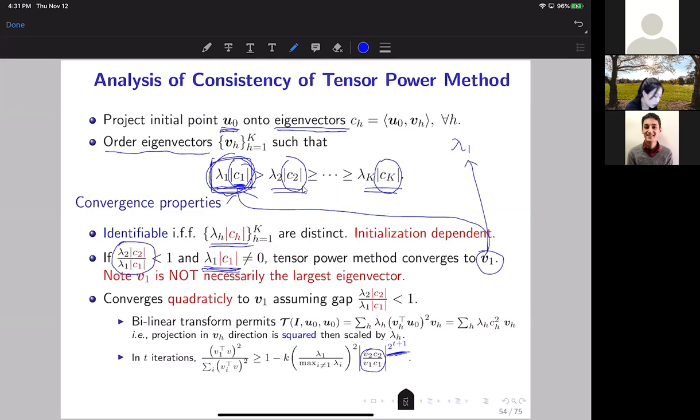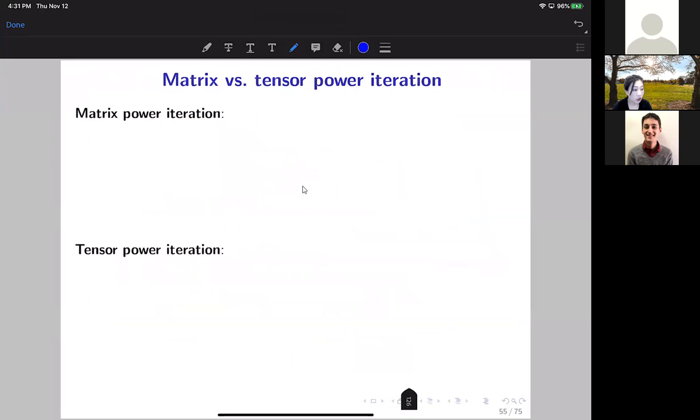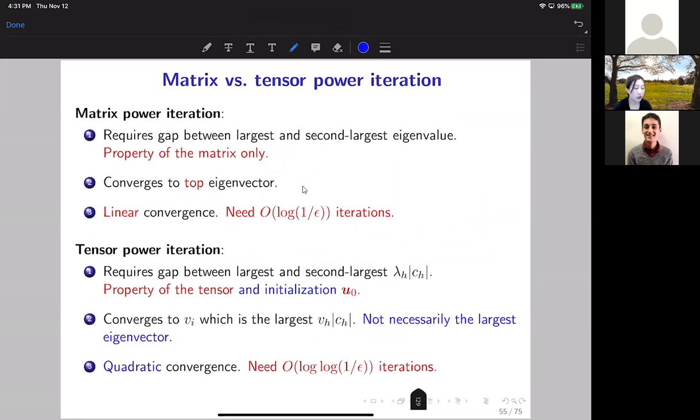Okay, so this is for this slide. I wanted to just very quickly compare the two. So matrix power method iteration requires the gap between the largest and second largest eigenvalue. And so it only depends on the property of the matrix. It doesn't depend on the initialization.